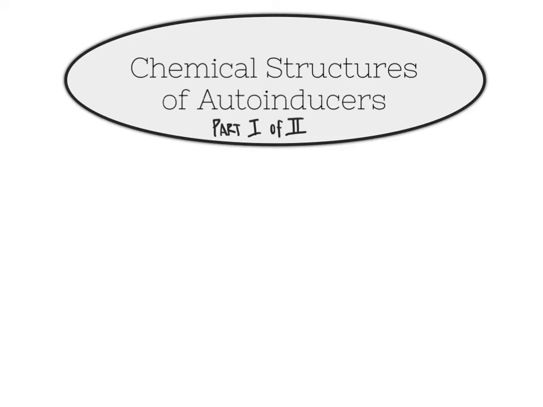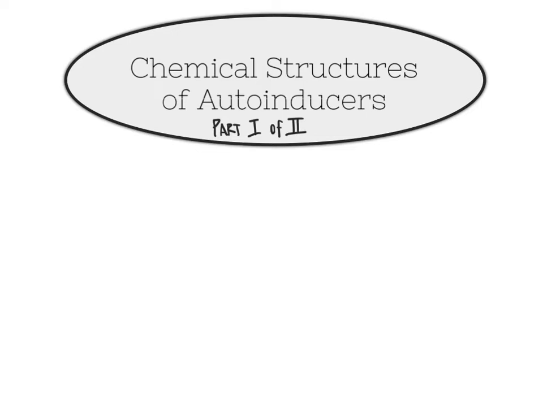How in the world would a scientist go about discovering a new autoinducer molecule? We would begin by making an observation and a hypothesis about a particular behavior that was controlled by the process of quorum sensing.